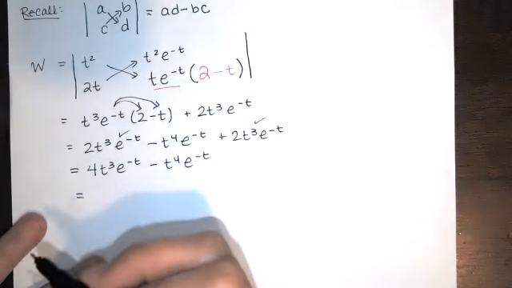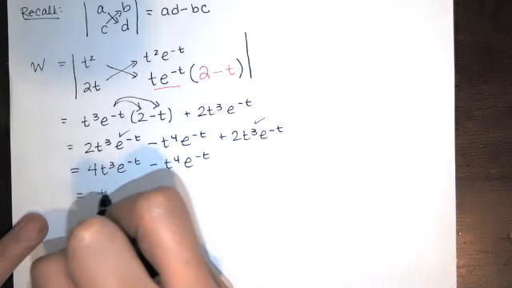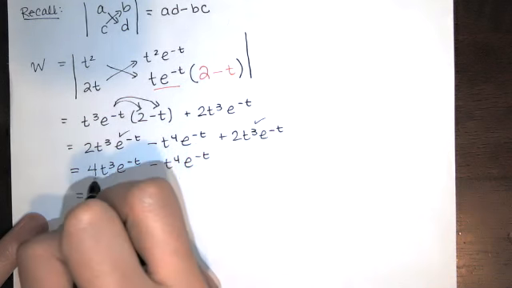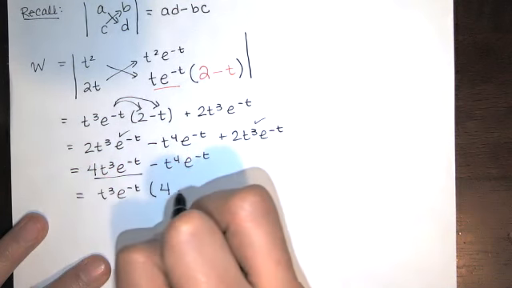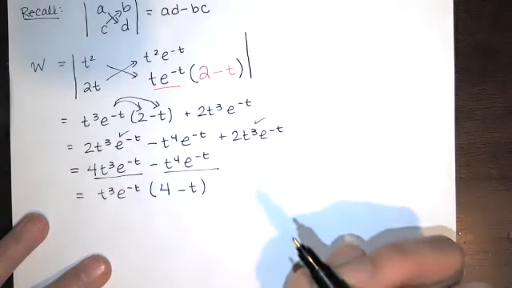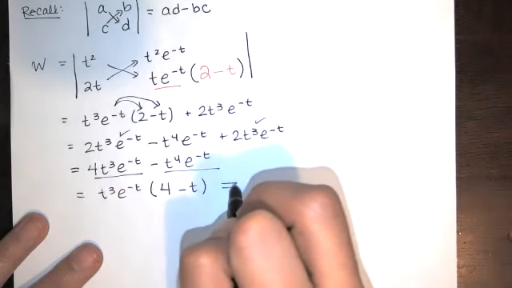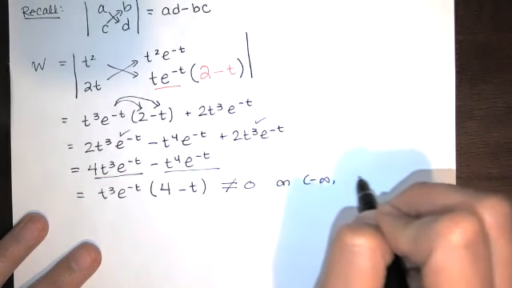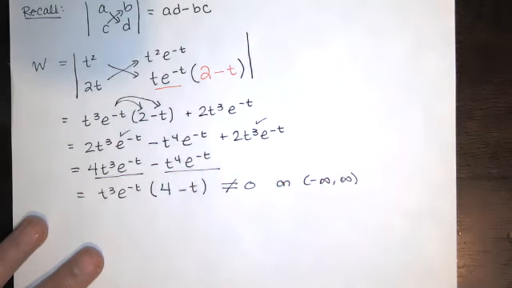So from here, you can factor out a t cubed e to the negative t. That times 4 gives me my first term, and that times a negative t gives me my second term. And that's clearly non-zero when we're talking about an interval of t values, all real numbers.